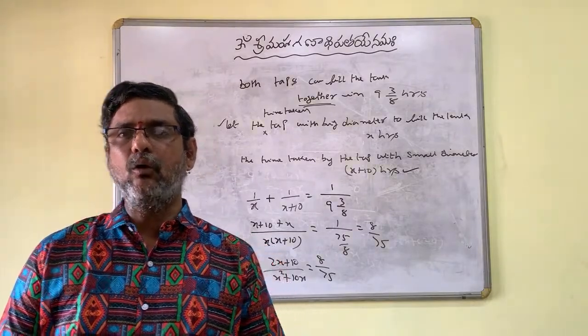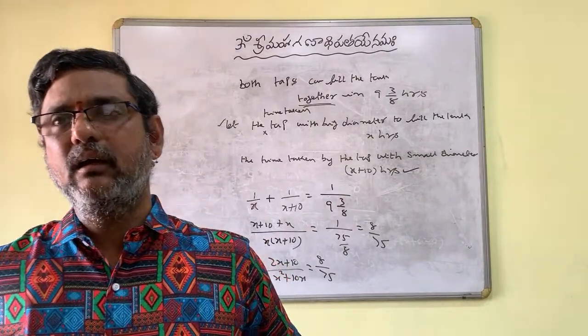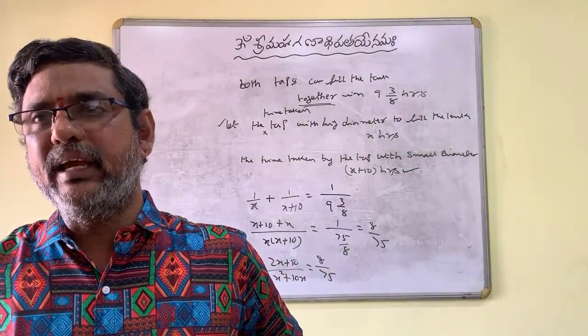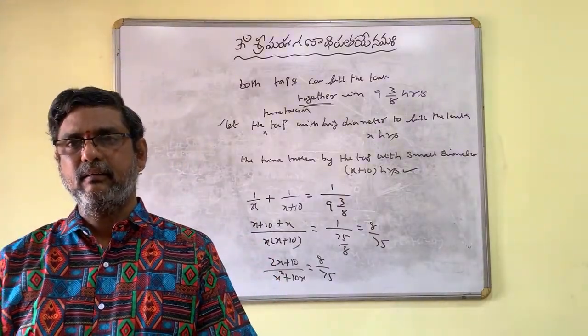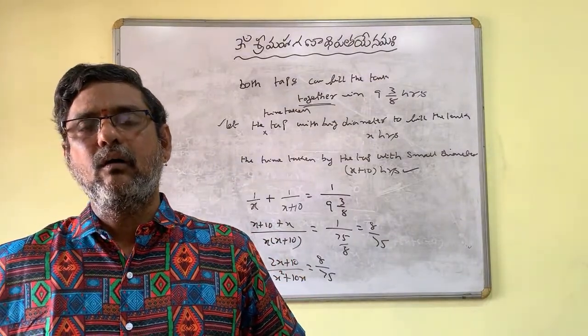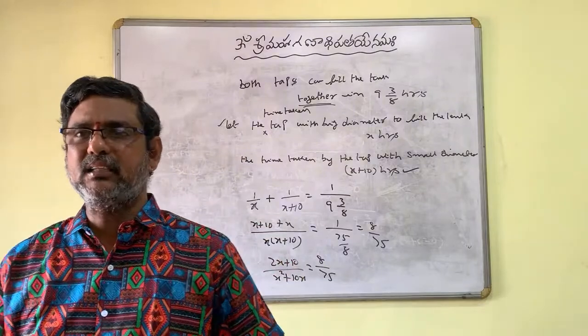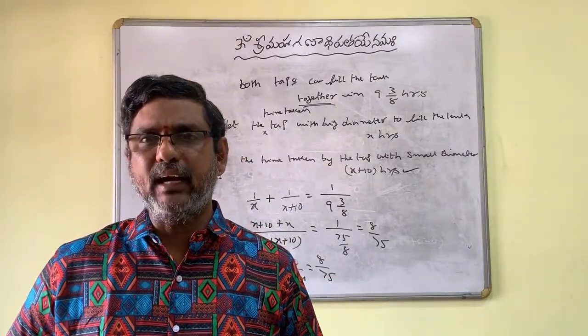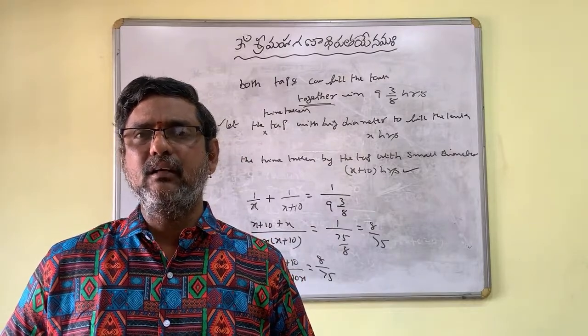And this fellow went and did 1 day's work. Now my question is, how much of work is completed? What is the total number of days? 1/10 of the work is completed. That is right. 1 day out of 10 days. 1/10 of the work is completed.